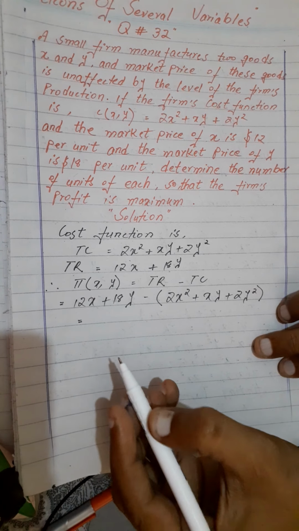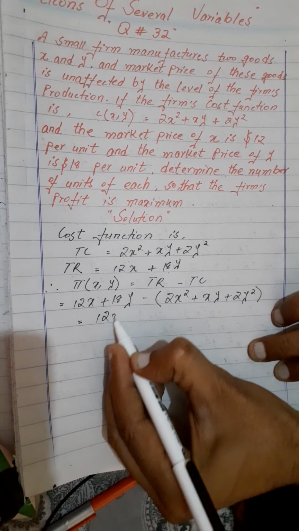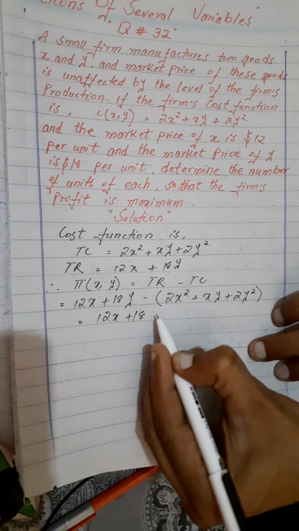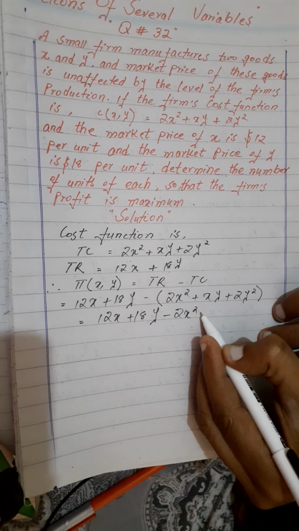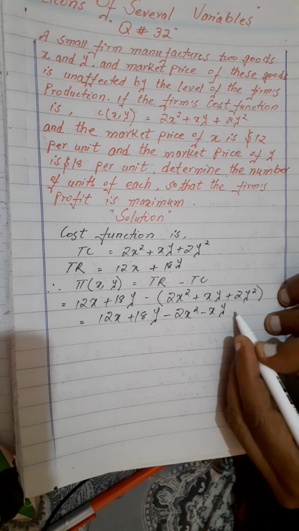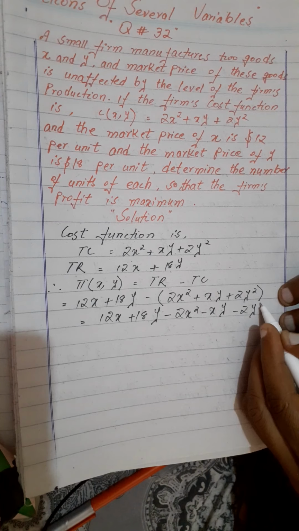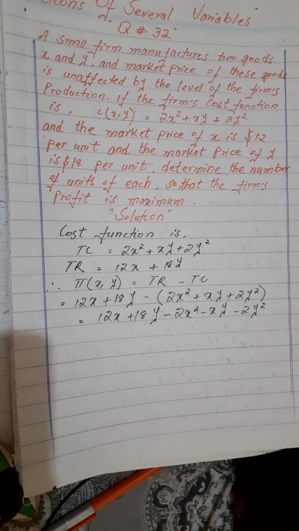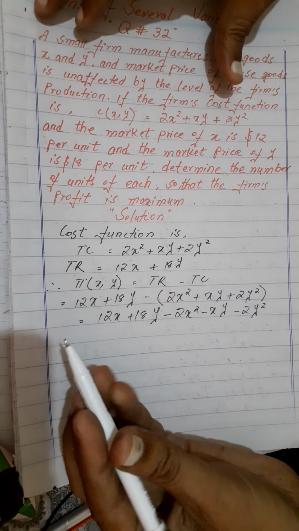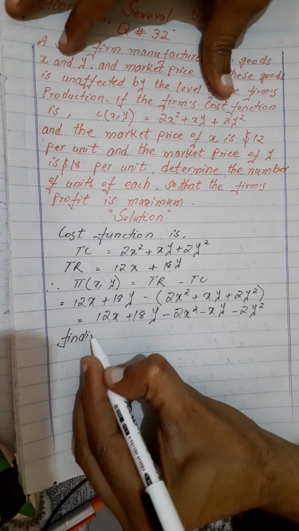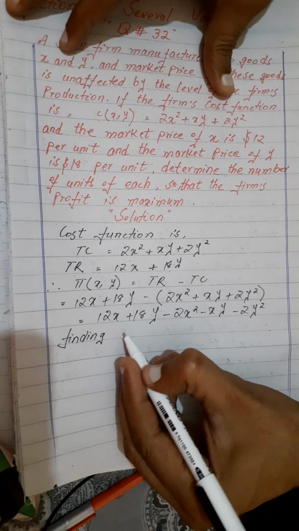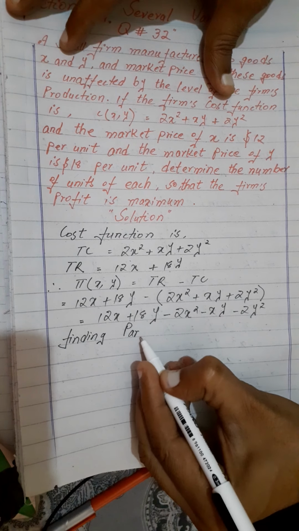Now removing the brackets, 12x plus 18y minus 2x square minus xy minus 2y square. Now we will find partial derivatives.